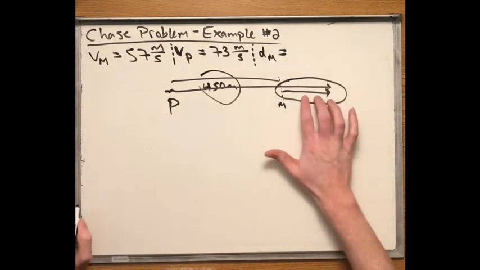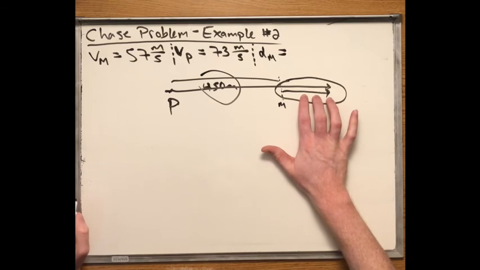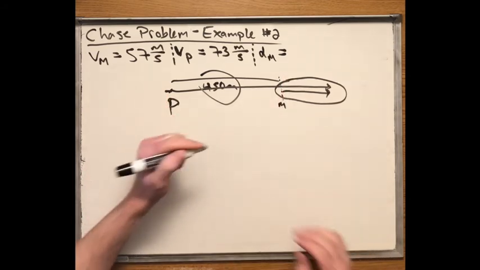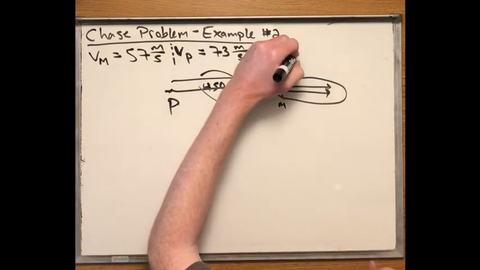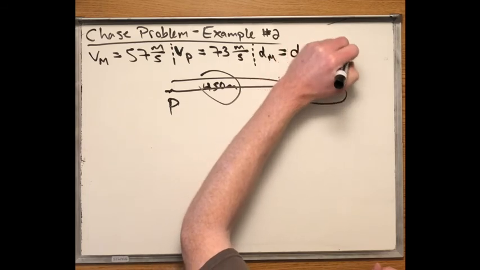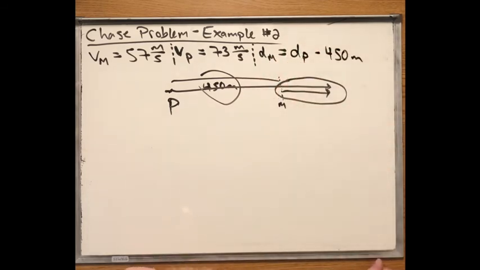So the distance the motorist travels is equal to the distance the police officer travels minus that 450 meters. If you stop there and take a second to think about that, you realize that that makes sense.